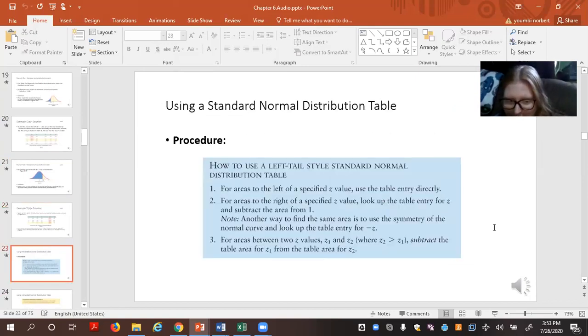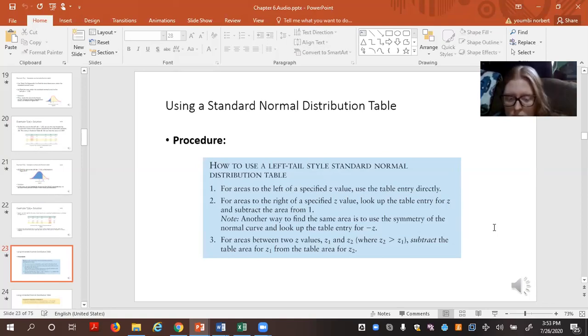So for the purpose of learning, let's do the area to the right. Area to the right means greater than 1.18. So you can just do 1 minus 0.881.